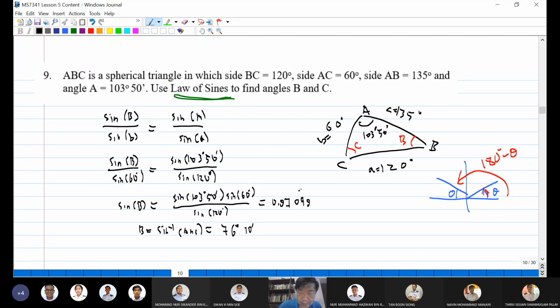The property of the sine function is that sine of theta is also the same as sine of 180 minus theta. So in this case, both are 0.97.